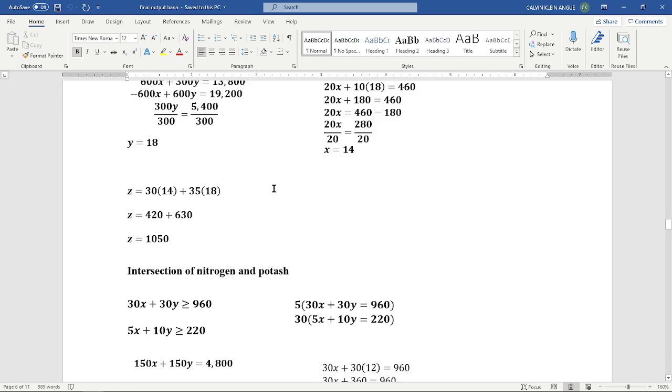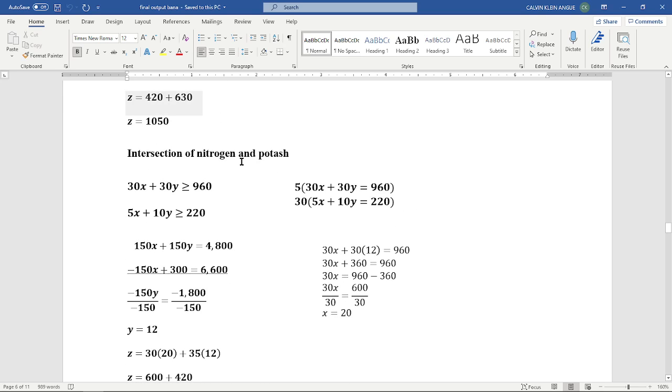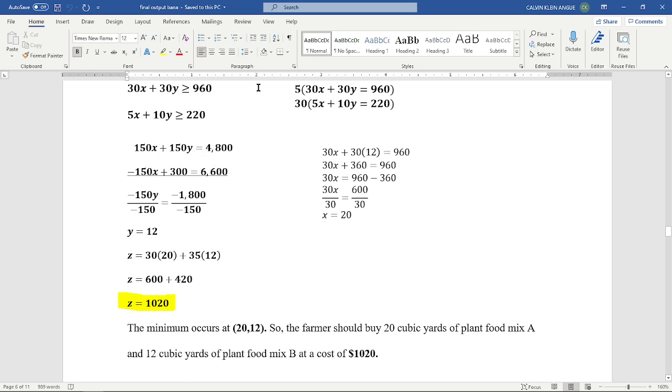So we have another intersection, the nitrogen and potash. So it's the same as this. You just need to transpose, put there and put here, then multiply, then divide, then substitute your y into here. Then you will get 600 divided by 30, you will get x equals to 20.